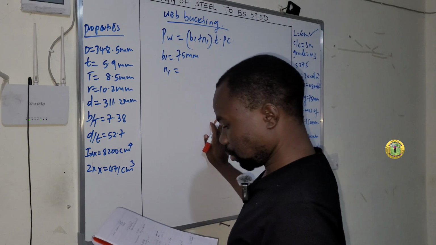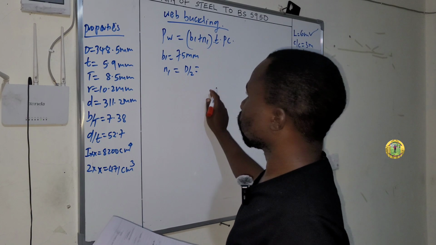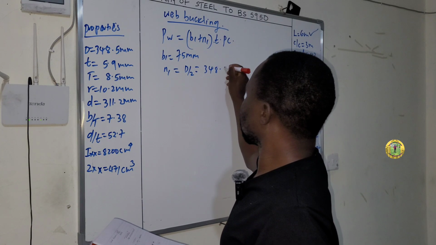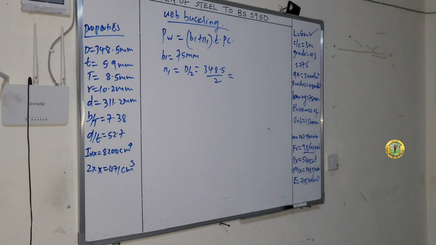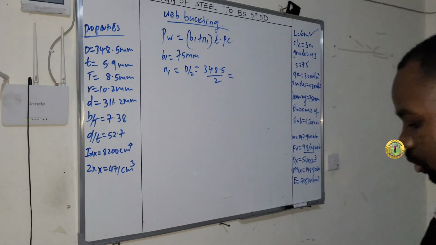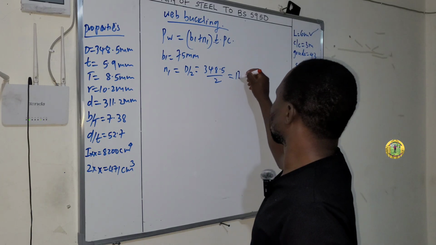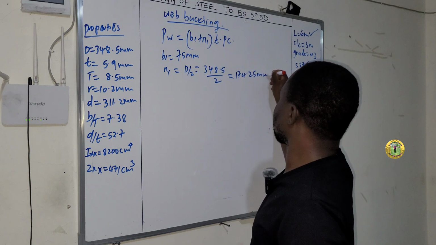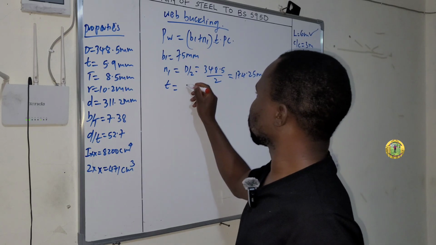N1 is equal to D over 2, which is 348.5 over 2, that is 174.25 millimeter, and T is equal to 5.9 millimeter.